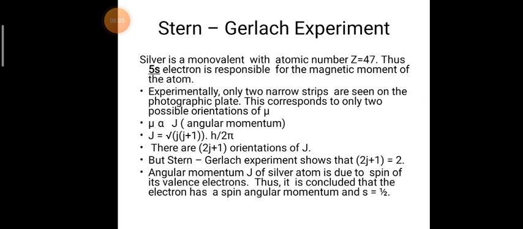As far as the silver atom is concerned, silver is monovalent with atomic number Z equal to 47, where all the electron shells are completely filled except the outer shell, where you have a single electron in the 5s orbit.